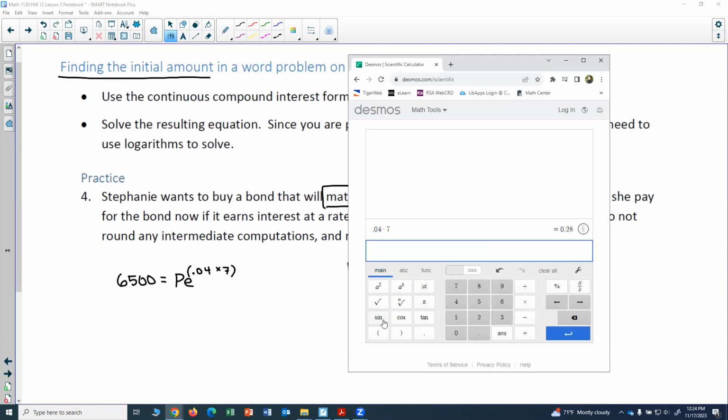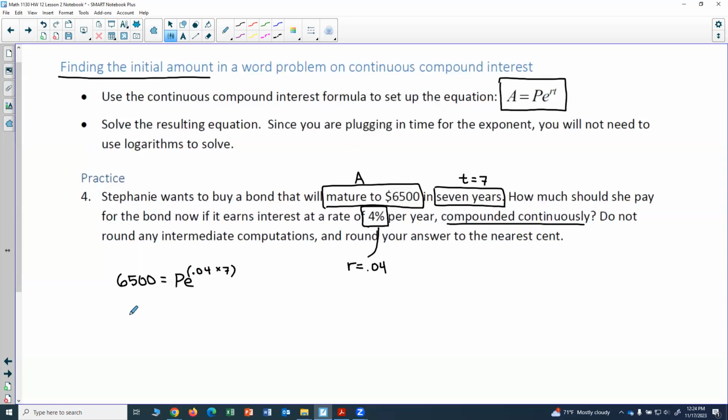So this will be 6,500 equals Pe to the 0.28. Now remember, e is just an irrational number, kind of like pi. So I can divide by e to the 0.28, and divide the other side by e to the 0.28.